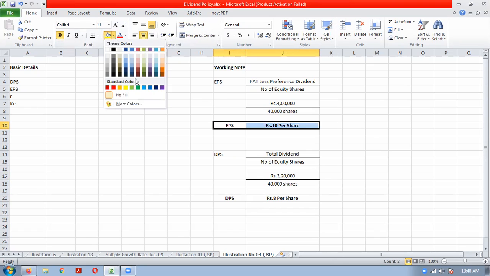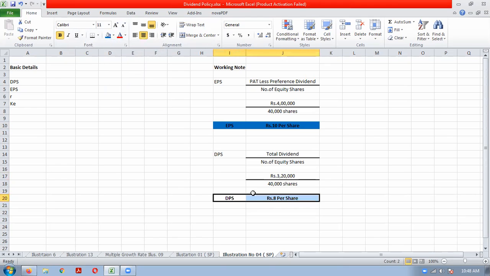So if you see, two things we have got: dividend per share and EPS we have calculated. Now we can take this directly as rupees 8 per share and rupees 10 per share.